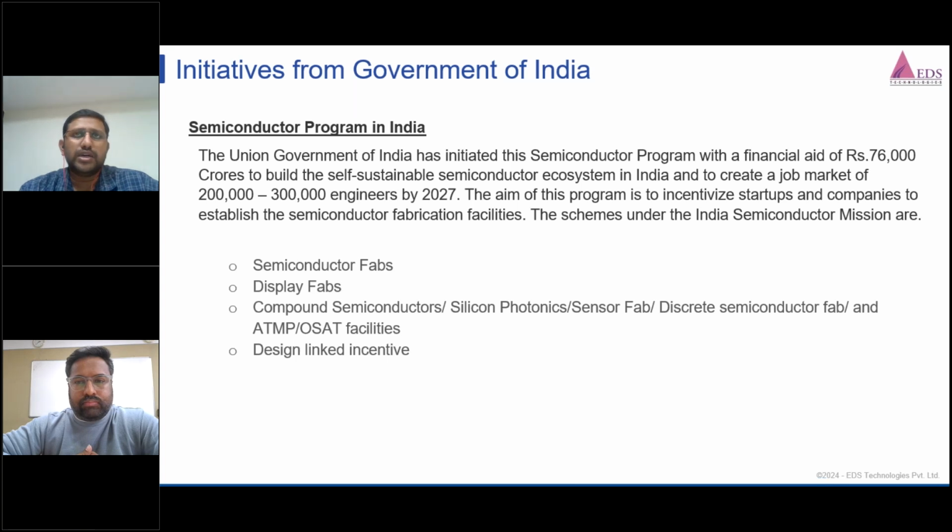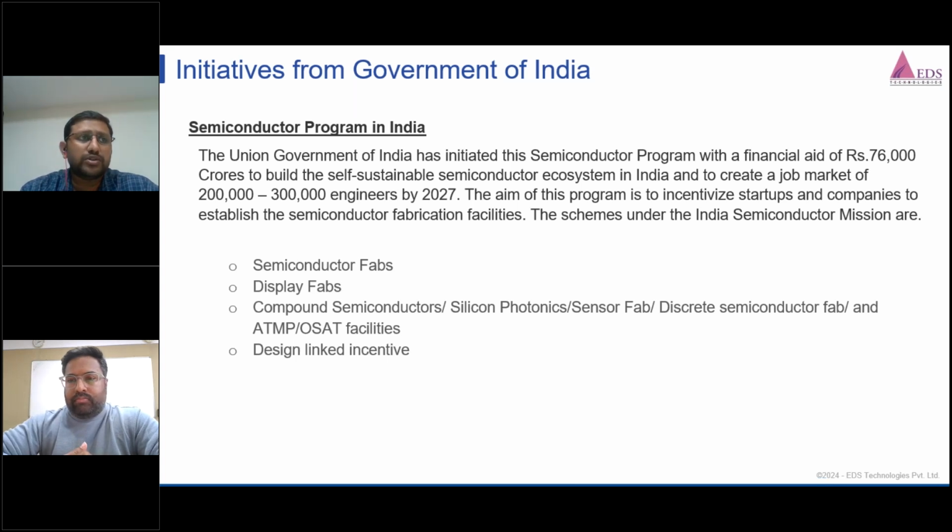I just wanted to give you an overview of what the government of India is doing with respect to semiconductor technology in India. Semiconductor is a buzzword each and every day. When you open LinkedIn, we see a lot of initiatives that the union government is proposing. A grant of 76,000 crores is being allocated to make India a self-sustainable semiconductor ecosystem.